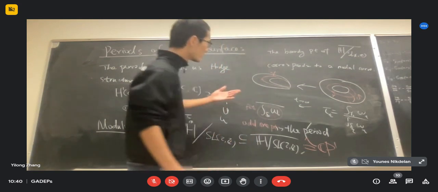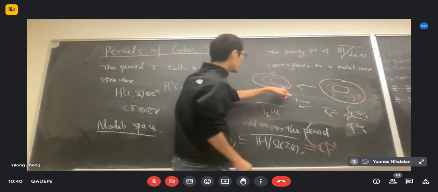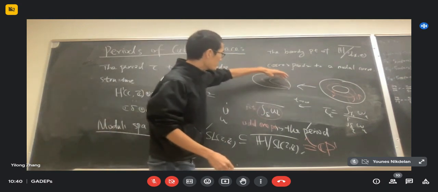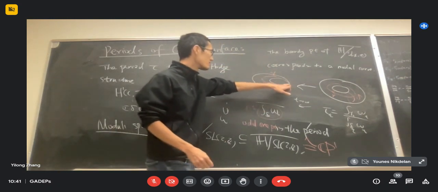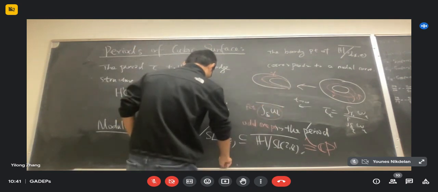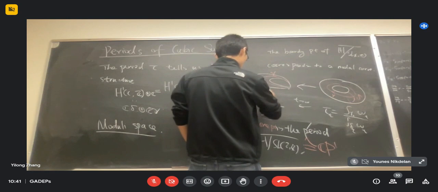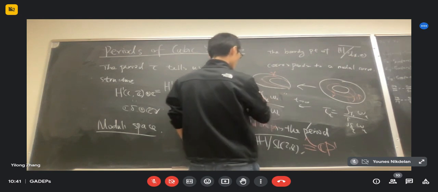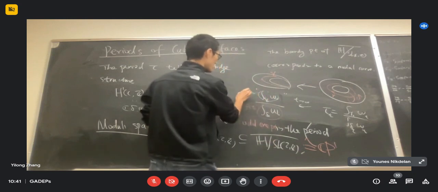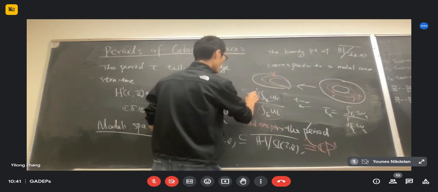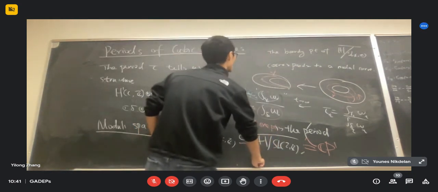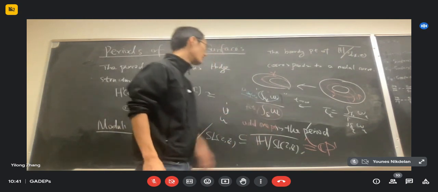However, this holomorphic one form is going to have a pole here, which means that if you really integrate along gamma, this is going to be infinite. So really, the whole period is approaching infinity, with logarithmic growth.